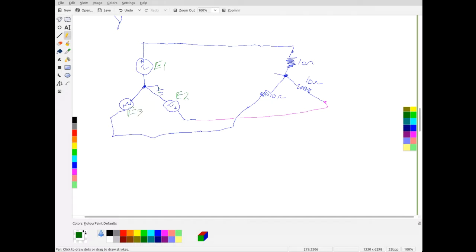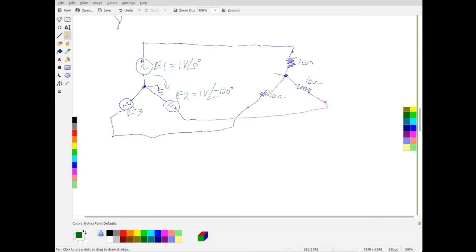If E1 has a voltage of 1 volt at an angle of 0 degrees, then E2 is basically 120 degrees behind that. So E2 is going to be 1 volt at an angle of minus 120 degrees.